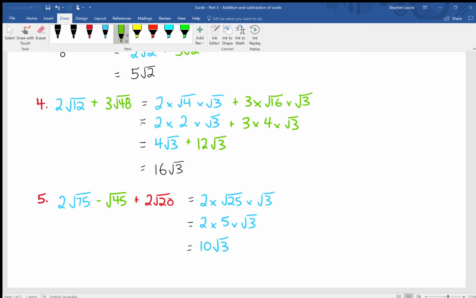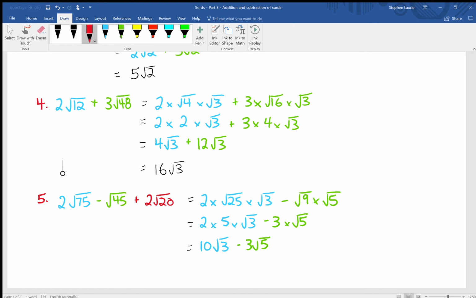What is the highest square number that goes into 45? That's 9, and it goes in 5 times. The square root of 9 is 3. So what we have is negative 3 root 5. Sorry, a little bit slow there.